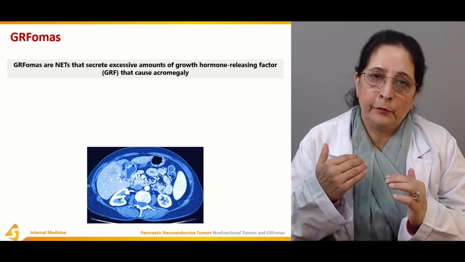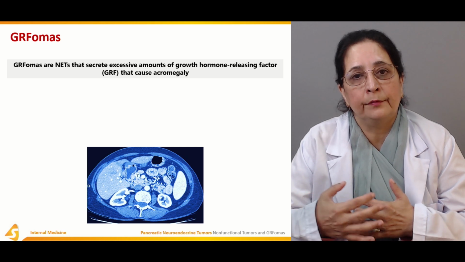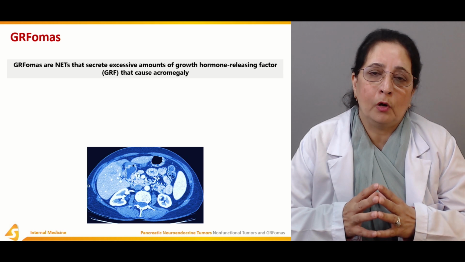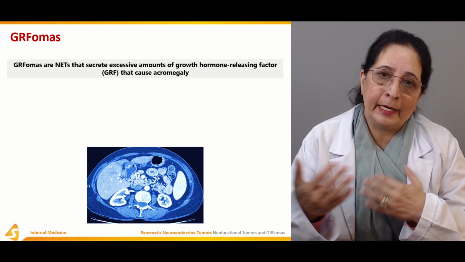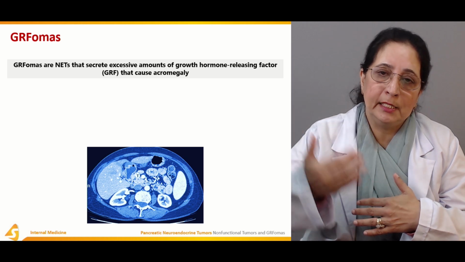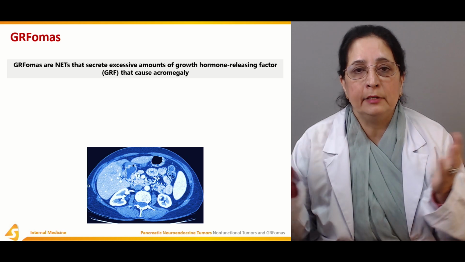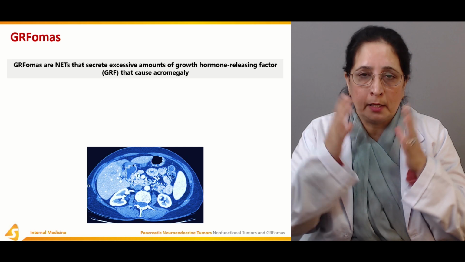So it produces the factor that causes increased secretion of the growth hormone, and that increased growth hormone usually causes two features. One is gigantism, which is an increase in the stature, and the other one is acromegaly, which is an increase in the width of the hand and the jaw and the forehead.